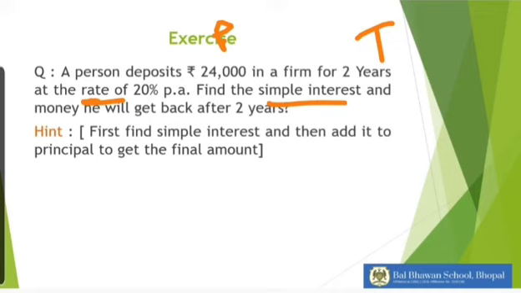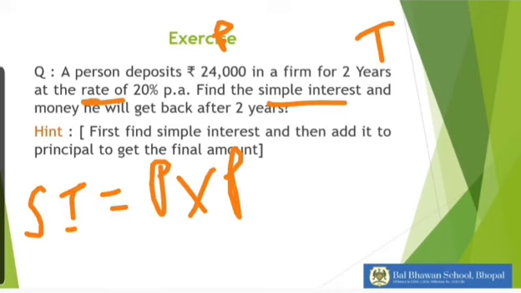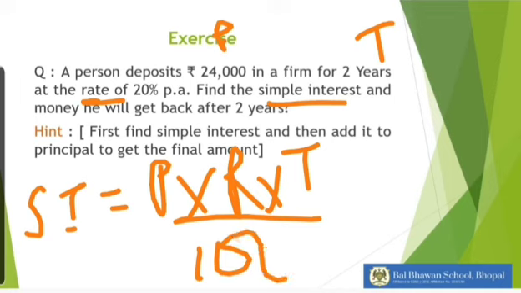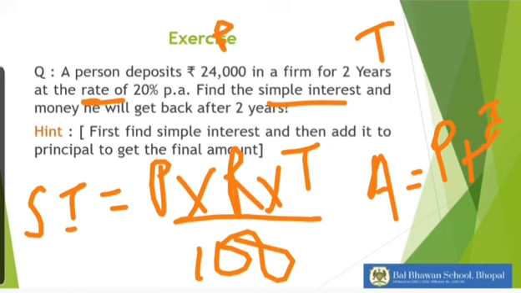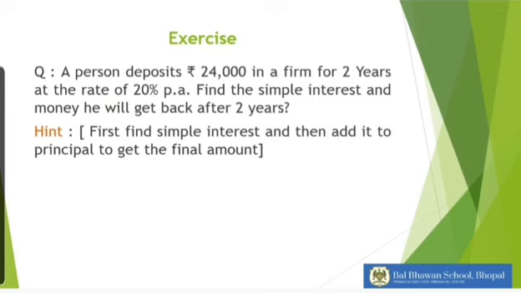I have given one hint over here: first find the simple interest and then add it to the principal to get the final amount. So here you are going to use the formula of simple interest, which is P into R into T upon 100. Children, whatever interest you get after doing the calculations, you will find the amount using that by adding P plus I. I want you to solve this question on your own and find the answer.